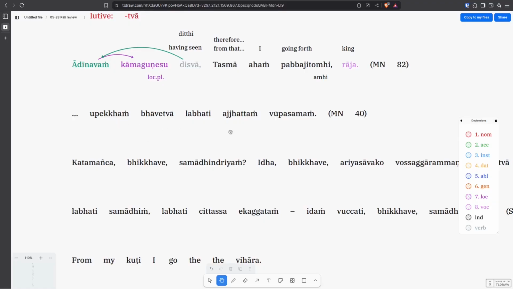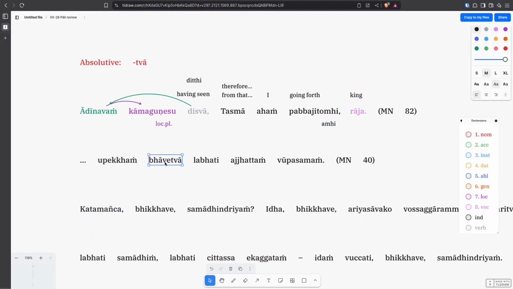Upekkham bhavetva, labhati ajjhattam vupasamam. So here, the reason for calling it absolutive is that the action is absolutely complete. You can remember this strange name for it. The action has been absolutely completed. It's done in the past. It's finished. So having developed, bhavetva, developed upekkha in the accusative.